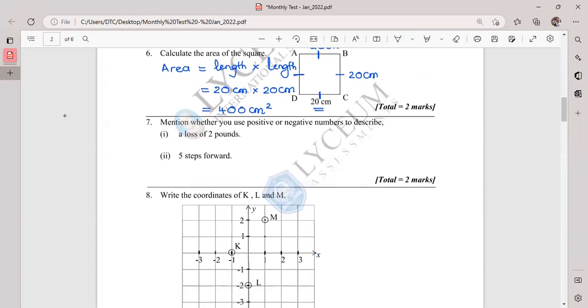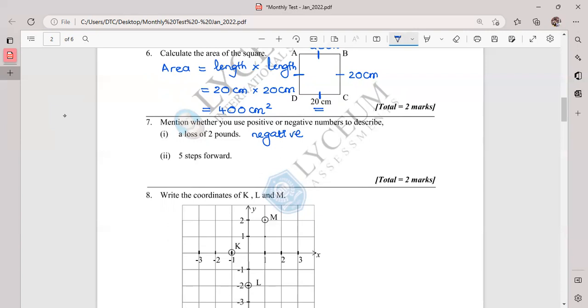Then we'll move to question number 7. Mention whether you use positive or negative numbers to describe a loss of 2 pounds. So which sign are we going to use when we are losing something? Which sign, children? It should be negative, right? It should be the negative sign. Now, 5 steps forward.